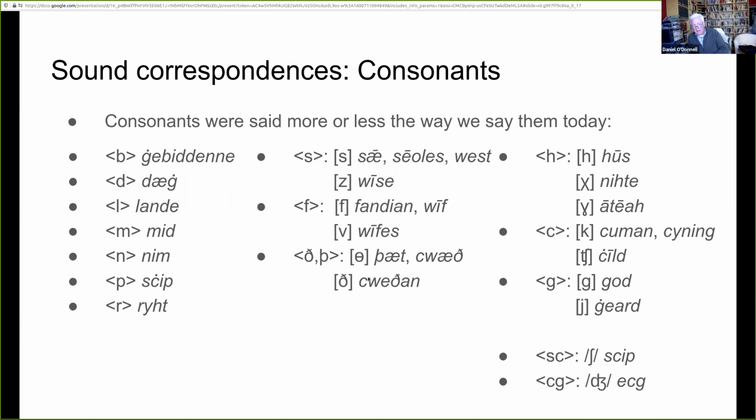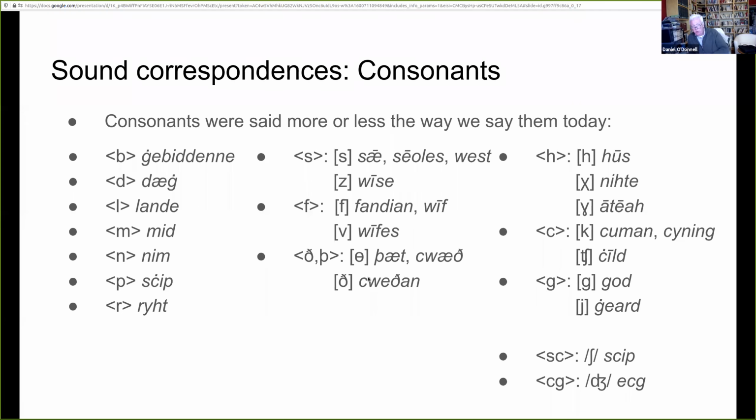So we've got cwæþ at the end, and then cweþan, the infinitive form. It's the same word, it's a different form though, because the symbol is appearing between the E and the A. It's got a voiced sound because vowels are voiced. Cweþan, sorry.